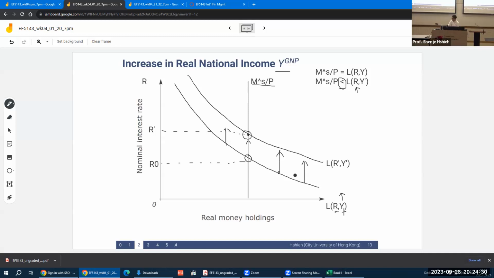So in other words, for any starting MS over P, if there's a higher Y, higher income, interest rates must also be higher. All right, so the entire liquidity preference curve shifts up.